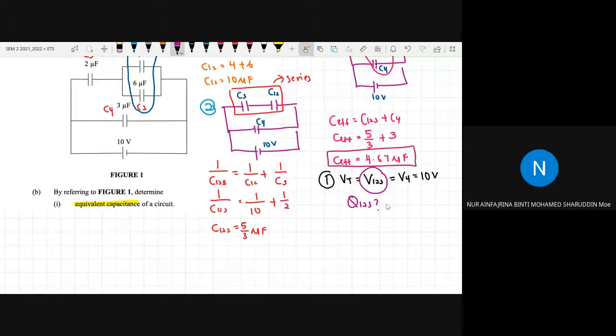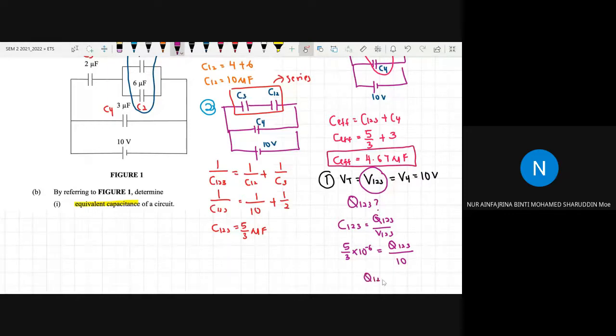Yes, we can. Which formula do we use? C equals Q over V. Very good. So C, C123 we already know, is 5 over 3 microfarad. Miss has to convert it to farad, and then find the charge. And V123 is 10.